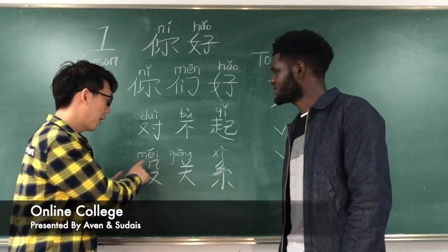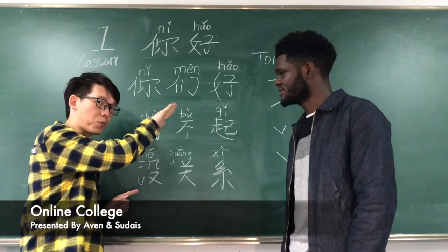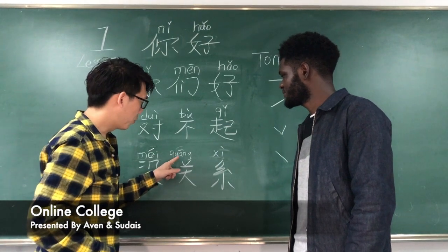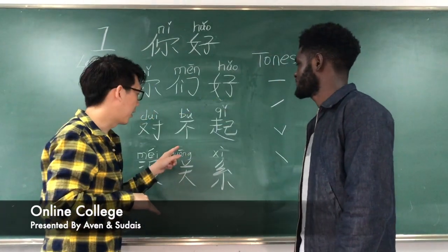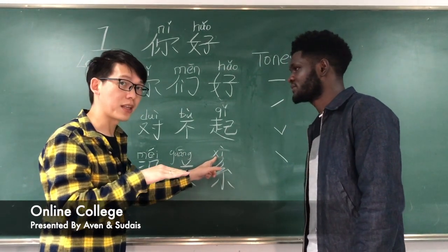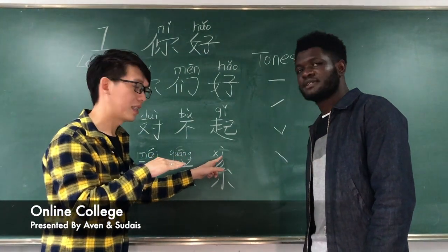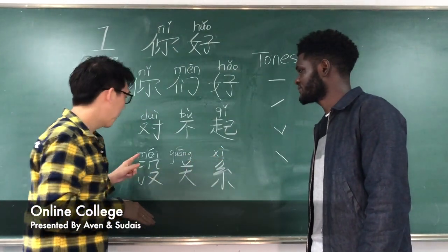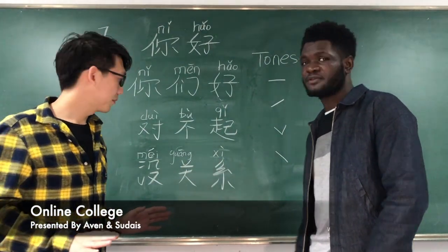How to spell? 没, the tone is the second one. 关, the tone is the first one. 系, the X in Chinese we spell as "xi", with the fourth tone. So 没关系 means it doesn't matter, it's alright, I'm fine, don't mention it.